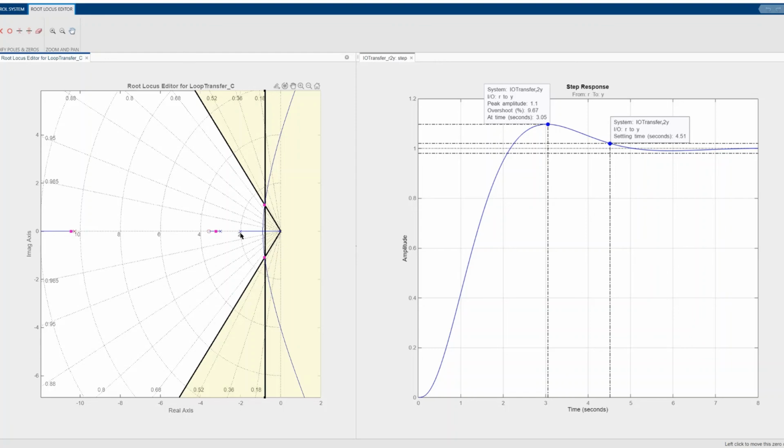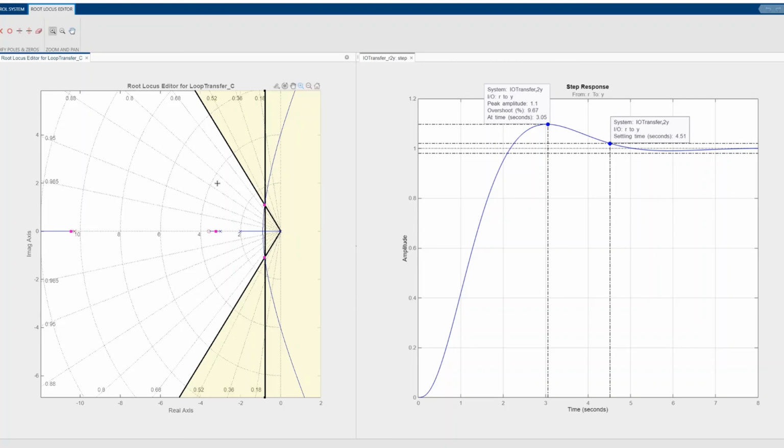There's a pole of our system at -2, and there is also a plant pole at -3. This is the 0 of our plant. The lead controller has a pole approximately at -10.3. So this is what the specification is, and this is what you can use to make the situation more graphically visible.